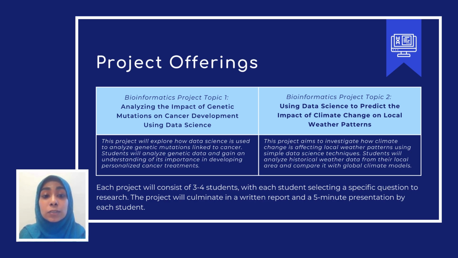You guys will analyze historical weather data from the local area for you guys and compare it to global climate models to help identify trends such as increased temperature or increased rainfall, perhaps. This will help you learn data visualization skills and how to do simple statistical analysis and help predict how climate change will alter the weather in your community.